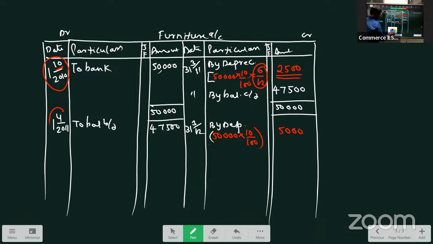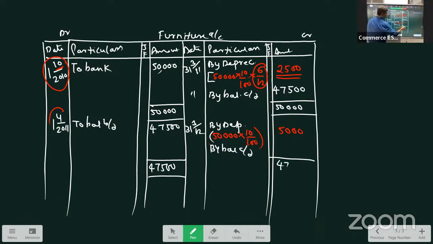Then close it by balance carried down. Okay, what is the debit side total? 47,500. 47,500 minus 5,000, it is 42,500.